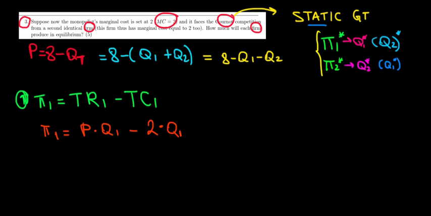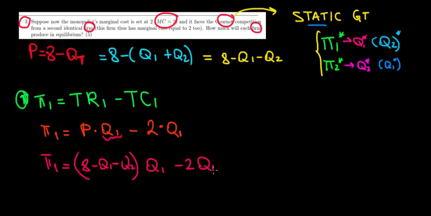Now let's expand this equation by substituting the price function. The profit of the first company is equal to the price function, 8 minus Q1 minus Q2, multiplied by the quantity of the first company, minus 2 times Q1.